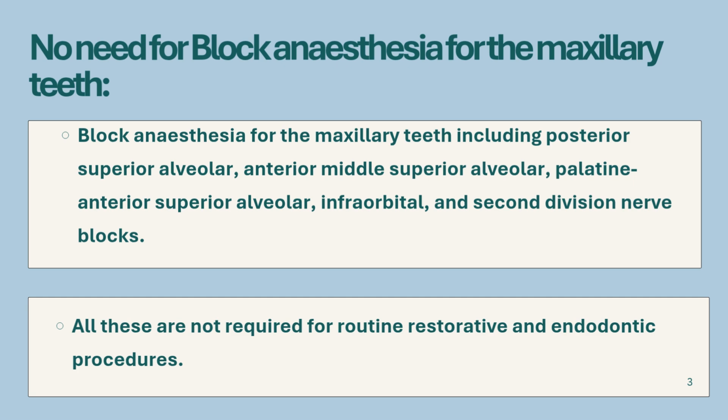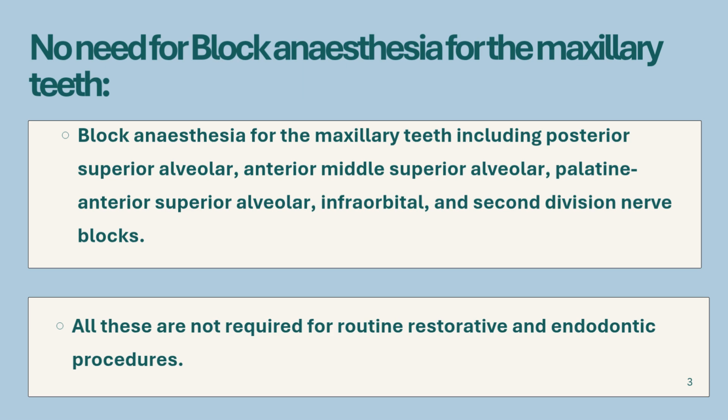You don't usually need to do a nerve block with maxillary teeth, including posterior superior alveolar, anterior middle alveolar, palatine anterior superior alveolar, or infraorbital and second division nerve block.